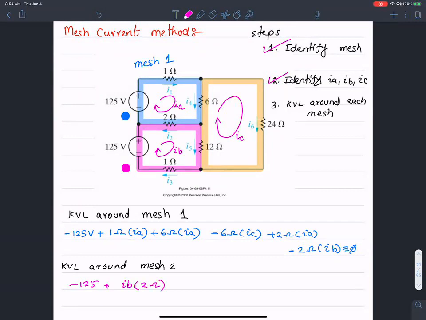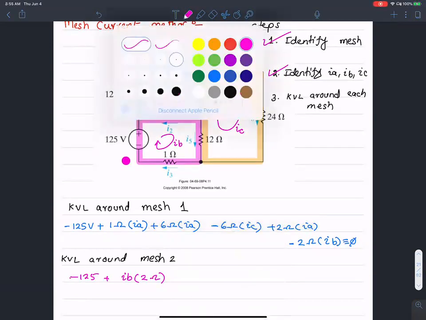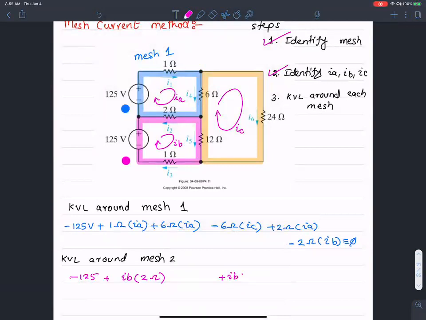Plus IB times 12 ohms. Okay. So that's this guy, minus IC times 12.